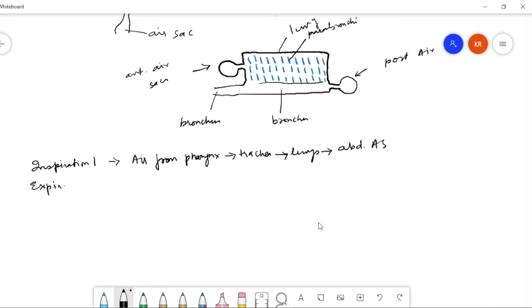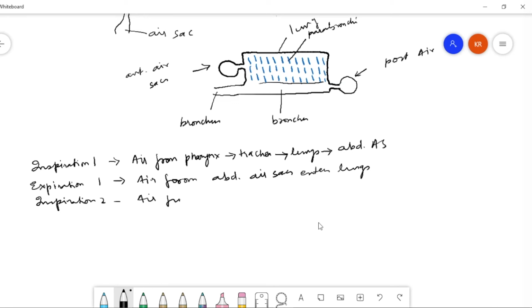Expiration 1. Air from abdominal air sacs enters lungs. Inspiration 2.